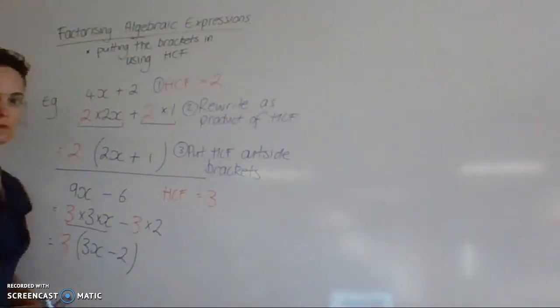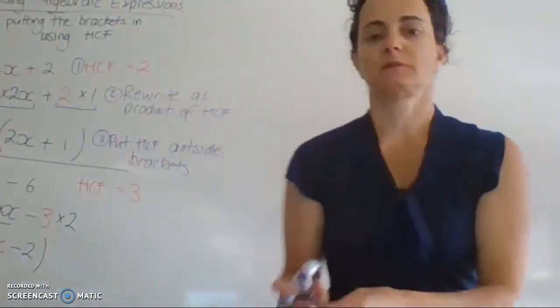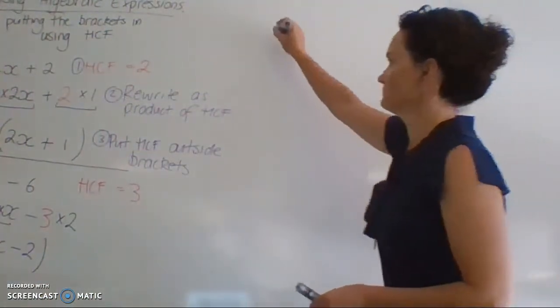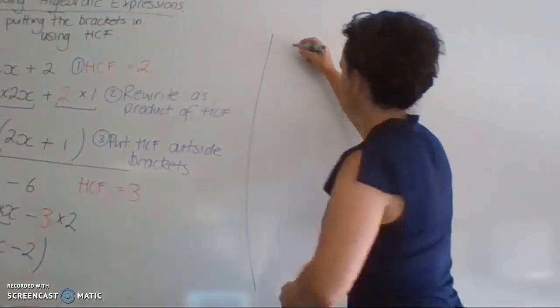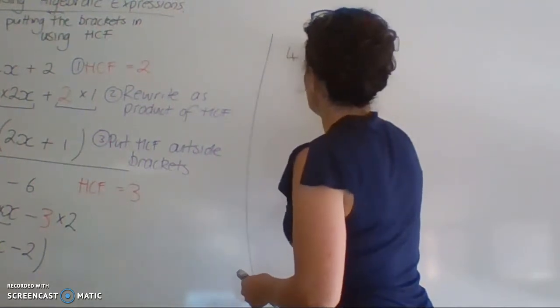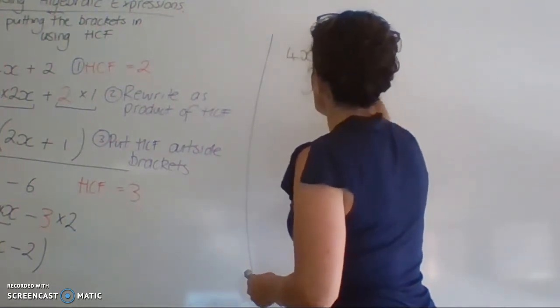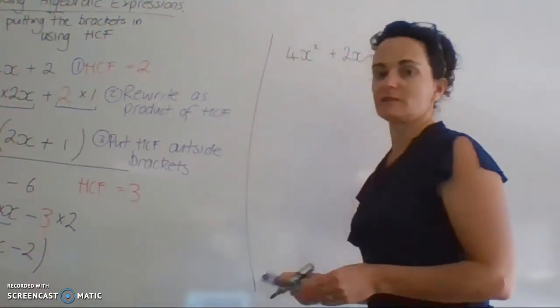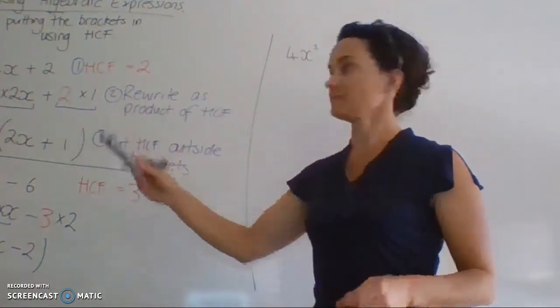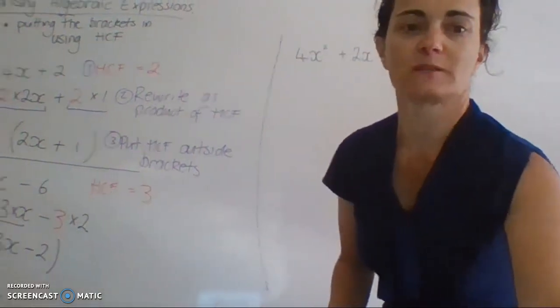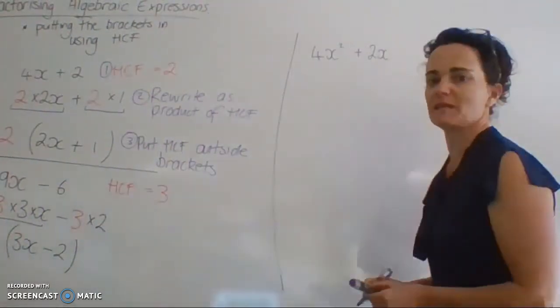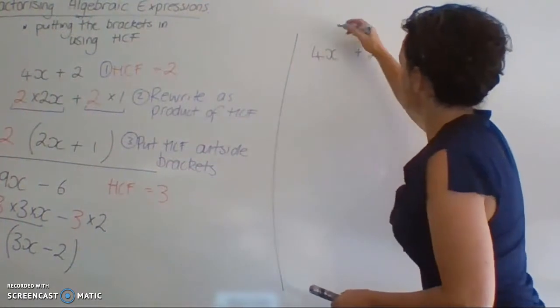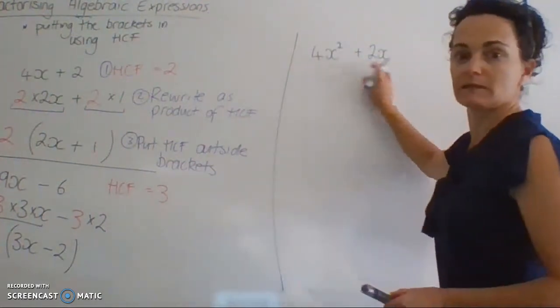Okay, now I'm going to do some that have variables in the HCF. So let's say we have 4x squared plus 2x. This is very, very similar to the first one we did, 4x plus 2, except now we've got x as well.